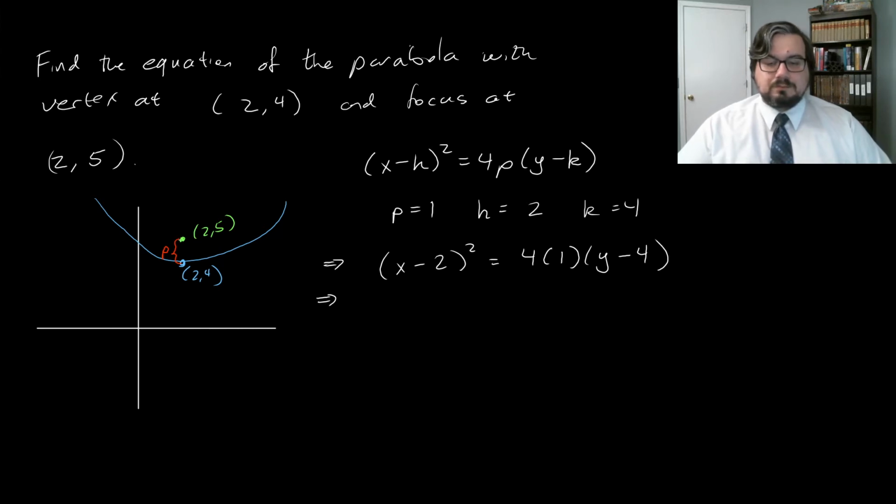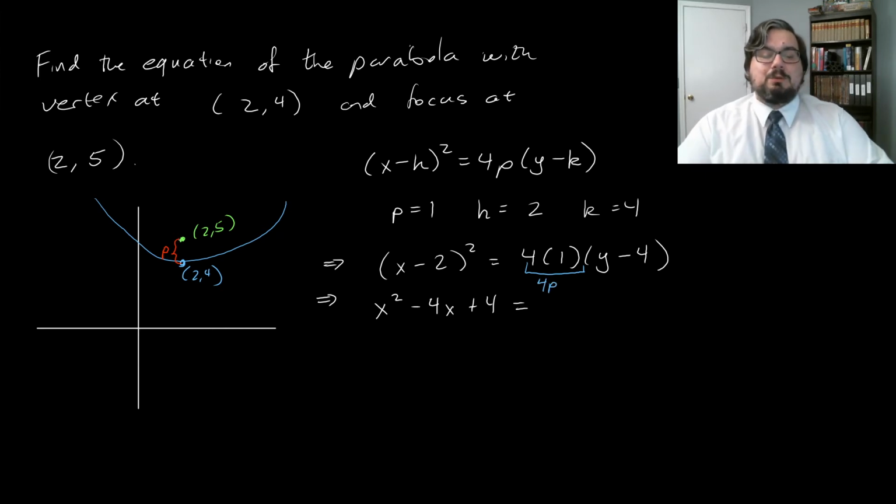If we expand out the left-hand side, we get x squared minus 4x plus 4 equals, and I'm going to keep this 4 times 1 bit here looking like this because I want to remember that it equals 4p, because we're about to write down a general way of seeing how these things work.